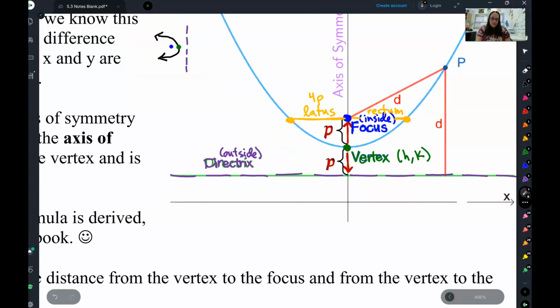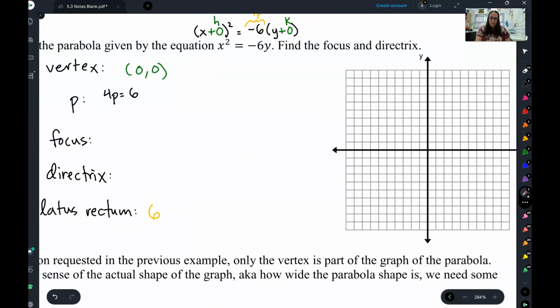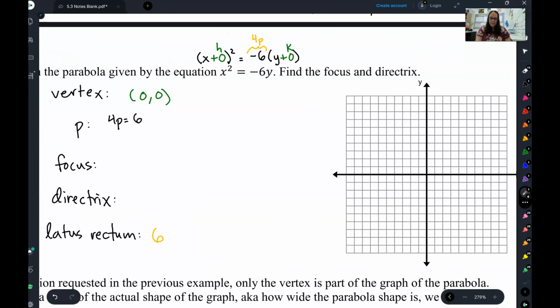So because p is also a distance, we don't need the negative there because we don't ever talk about negative distance. So I dropped the negative on the 6. Now I can solve for p. And I get that p equals 6/4 or 3/2 or 1.5.